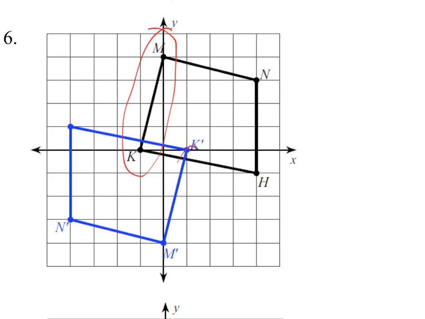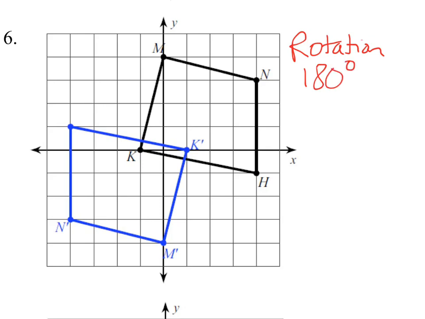So m is above k, but down here k is above m. And so this one's not a reflection, it's going to be a rotation. And this one's a 180-degree rotation. And the function that will do that for you is xy goes to negative x, negative y.